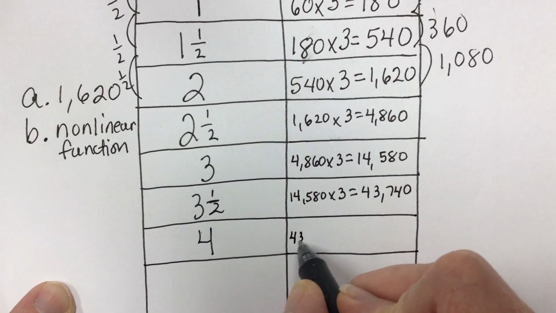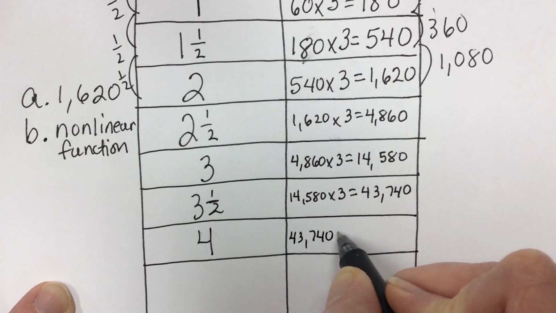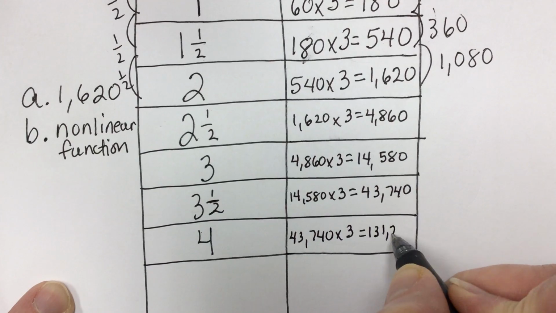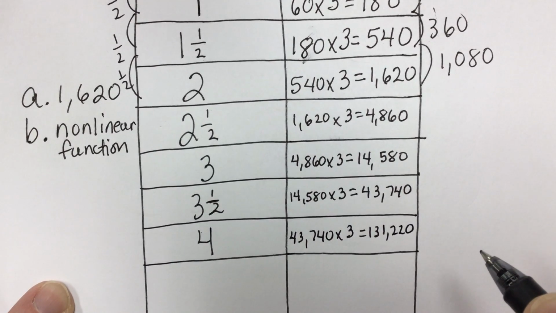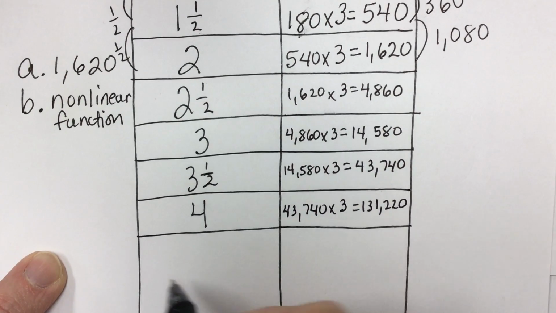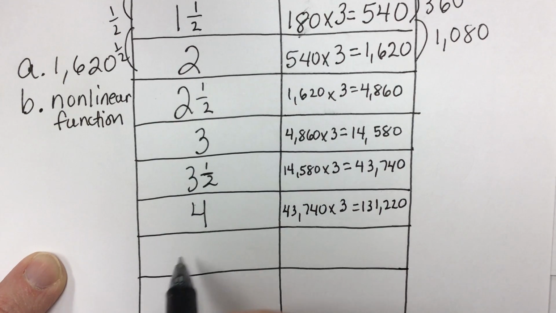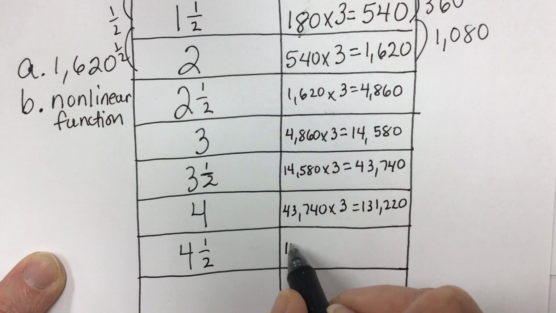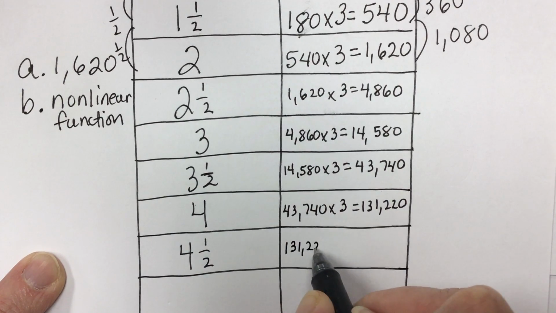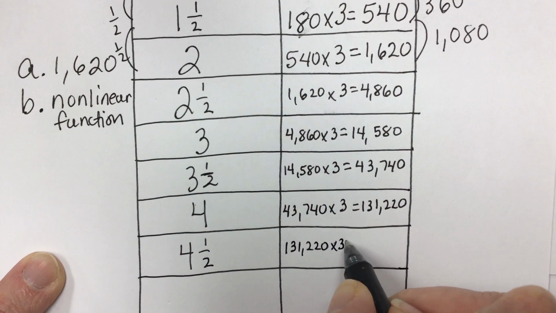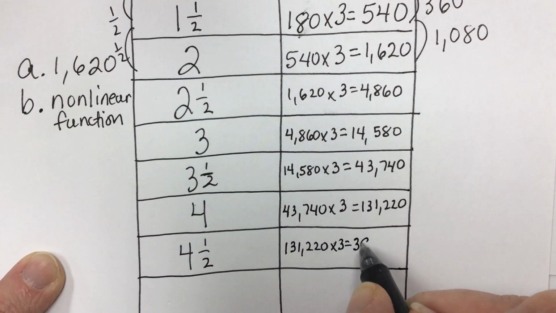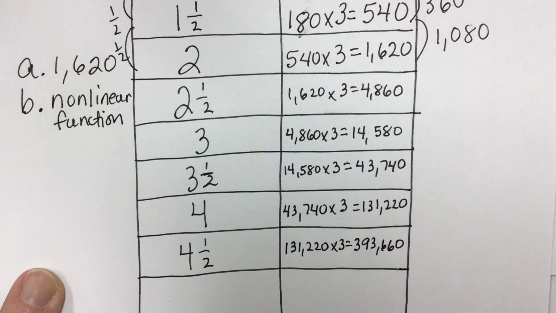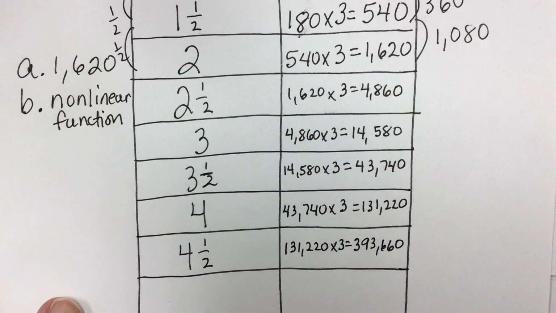So that's 43,740 times 3, which is 131,220. Still not to a million. Add another half. So 4 plus a half is 4.5. That would be 131,220 times 3. That gives me 393,660. Multiply those big numbers out on your calculator.